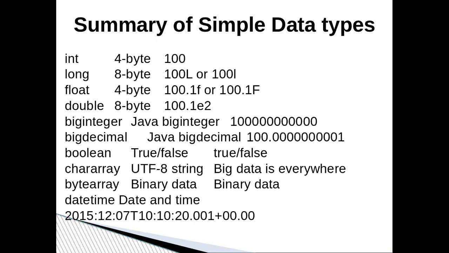Remember this: if you don't mention any data type for any of your data, then by default it is taken as bytearray. Then there is a datetime data type, which goes like a date first, then a letter T, then the time, and then a plus sign to indicate the time zone. Once we are using the datetime data type, we'll discuss more about it.